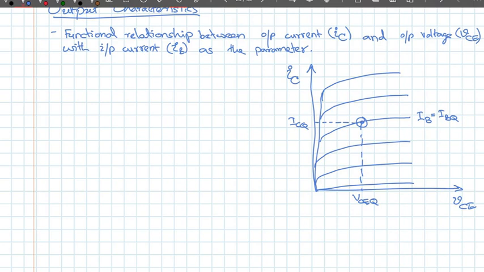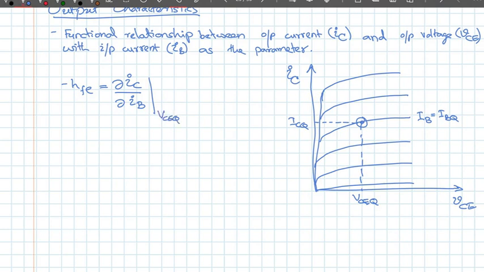Earlier in the previous lecture we derived, using Taylor series expansion of VBE and IC, the fact that hfe can be written as ∂IC over ∂IB at VCE equals VCEQ.